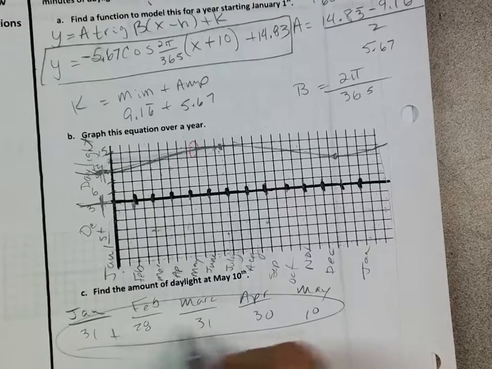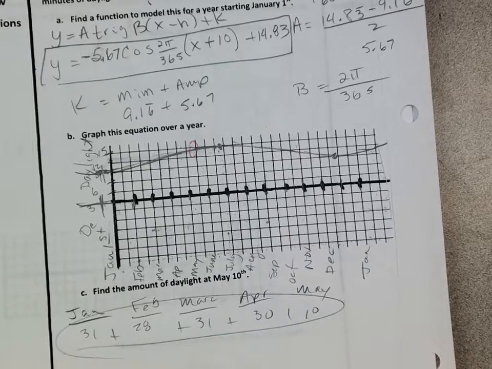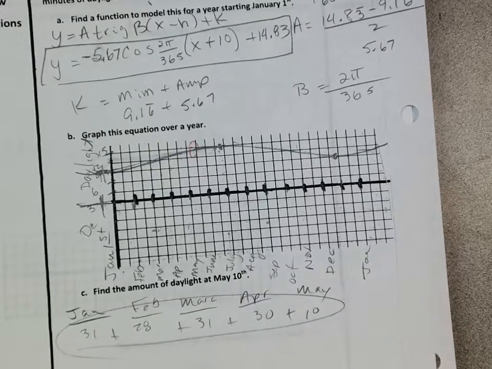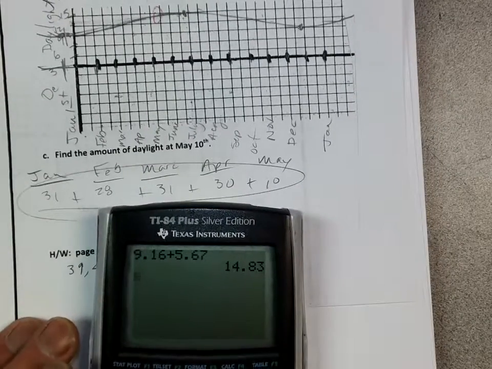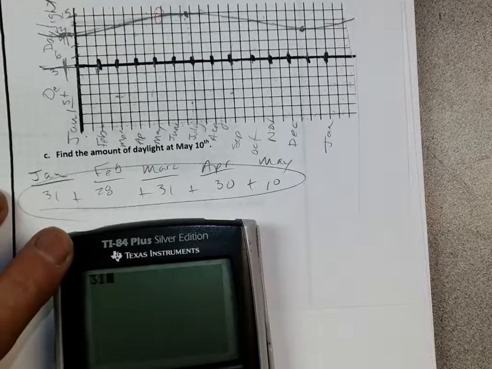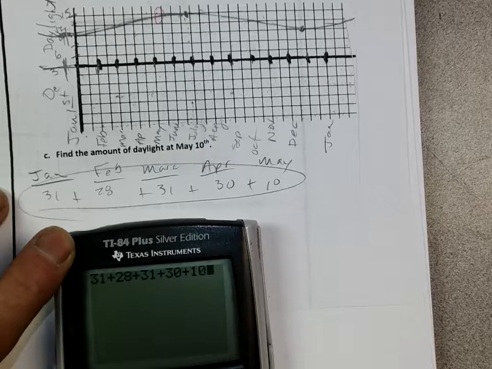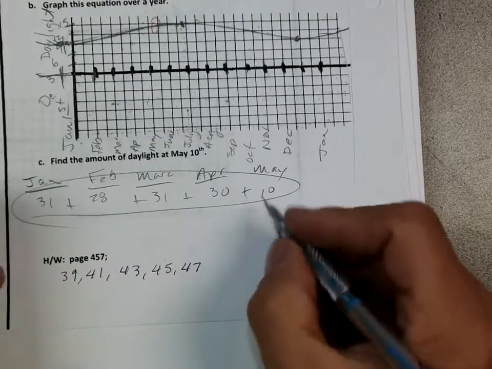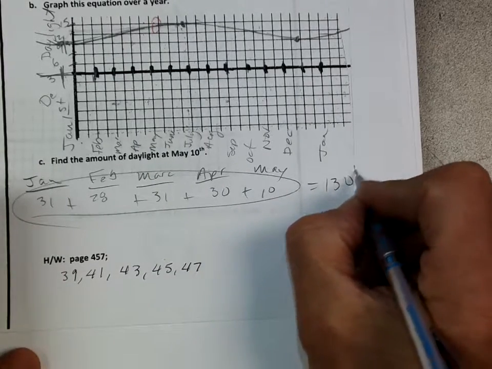What day of the year is May 10th? Let's just add them up: 31 plus 28 plus 31 plus 30 plus 10, 130. So May 10th is the 130th day.